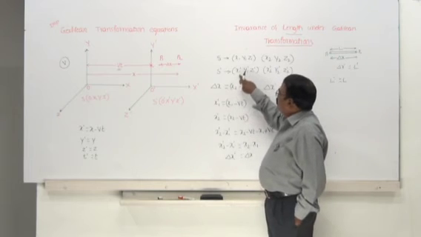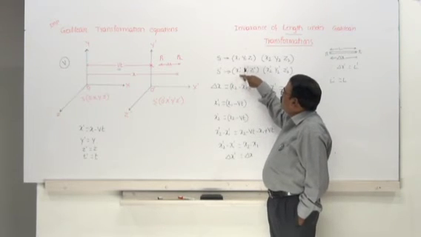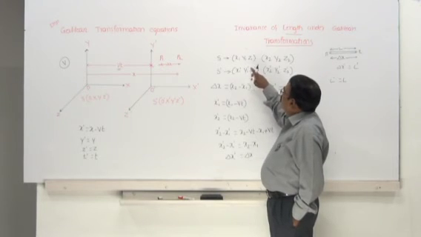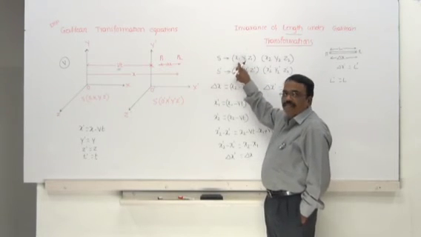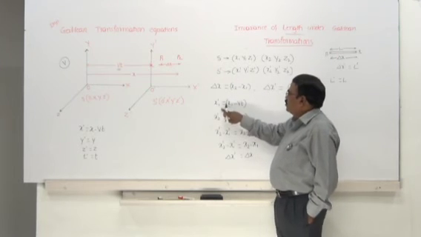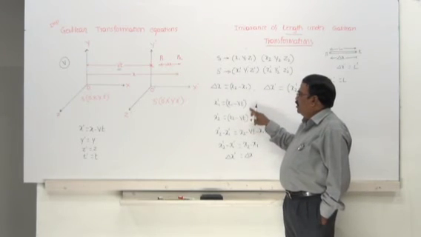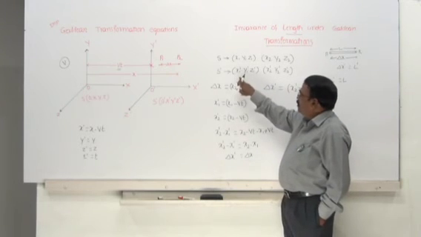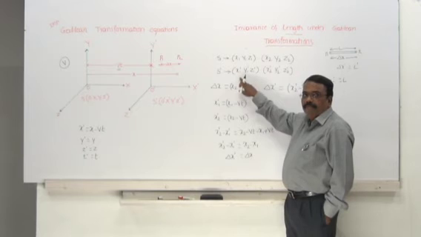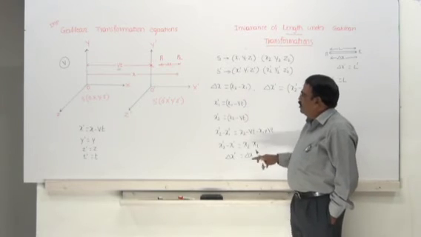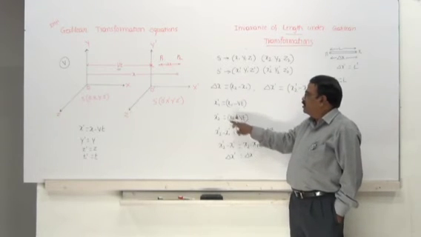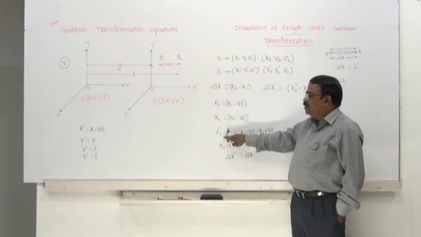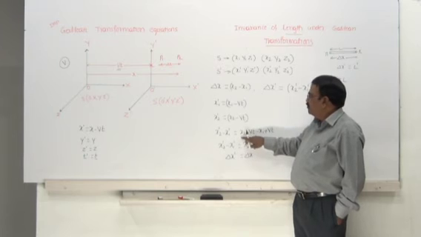Now in the S dash frame it is x1 dash, and x1 is in the S frame. Therefore x1 dash is equal to x1 minus vt, and this is point or event P1. Similarly for event P2, x2 dash is equal to x2 minus vt.